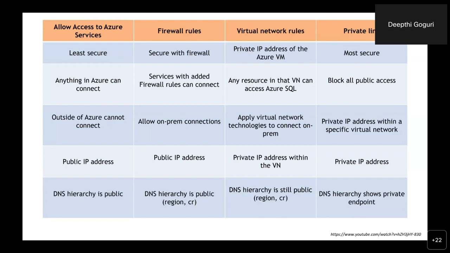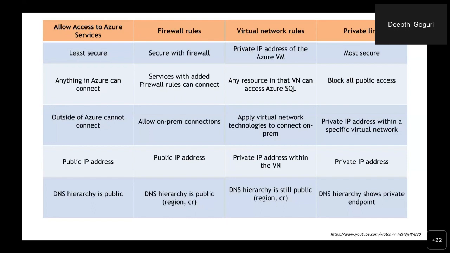And all of these different virtual networks will be connecting to one virtual network. And on that one virtual network, you are going to create the virtual network rule. And that particular virtual network is directly connected to your database. So you just have to have only one virtual network rule that has been created.